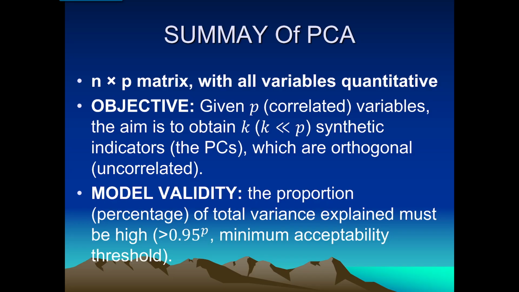Now, what is the total variance for categorical data? Because you have to explain the variability in the contingency table. Of course, the model is valid if a proportion of variability has been explained during this dimension reduction process.